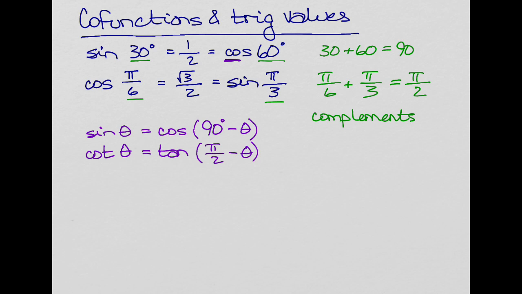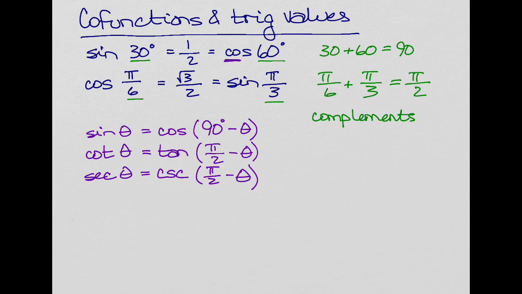And the secant and the cosecant work the same way. The secant of an angle is the same as the cosecant of its complement. And I could write all three of these reversed too. The cosine of theta is the same as the sine of 90 degrees minus theta, and so on.